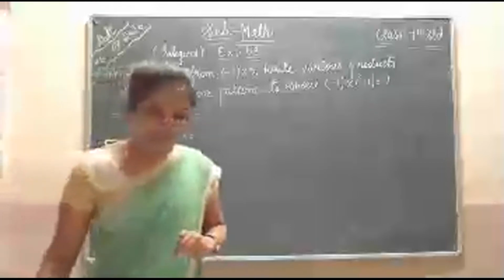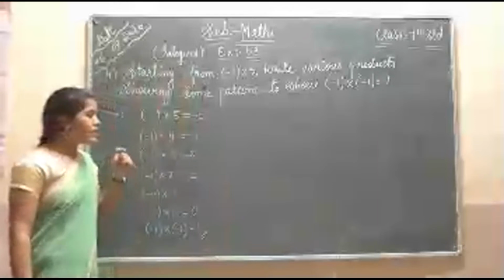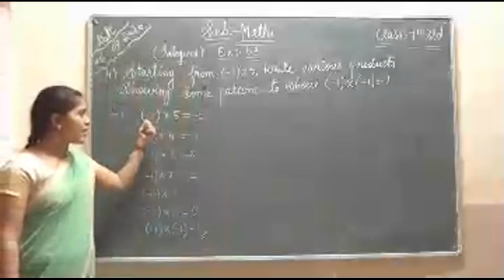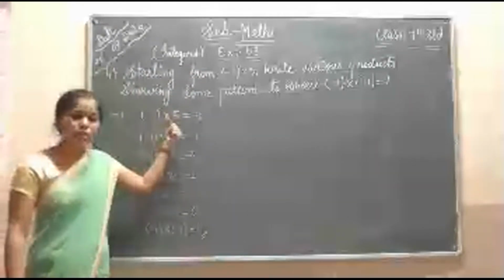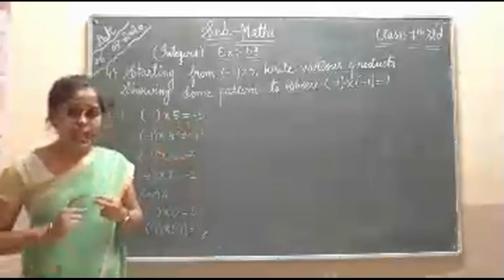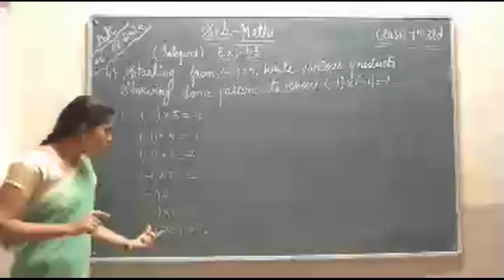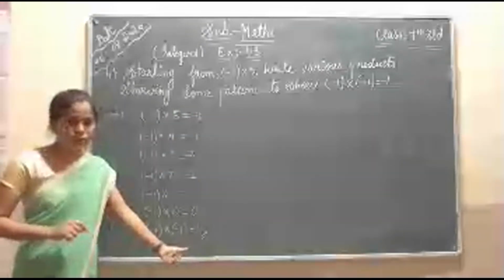Next question. In this, what we are observing? Minus one negative sign and one positive sign is always negative. See here, two unlike signs always give answer negative and two like signs always positive. Remember this.